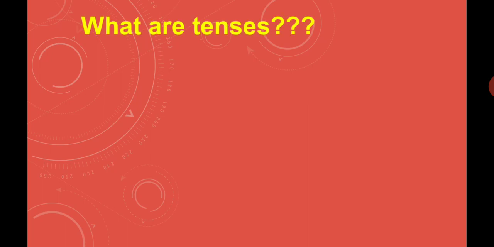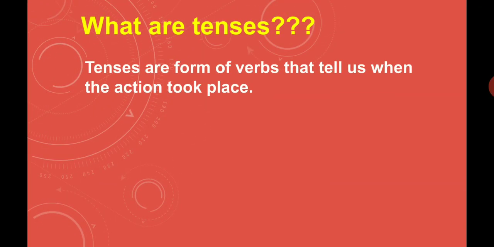So first of all, what is tense or what are tenses? As we know, tenses are forms of verbs that tell us when the action took place. The verb is the main important part of a sentence. Without a verb, sentence formation cannot be possible, right? So if we want to identify the kind of tense, we need the help of the verb.